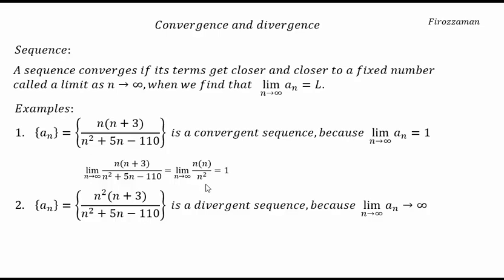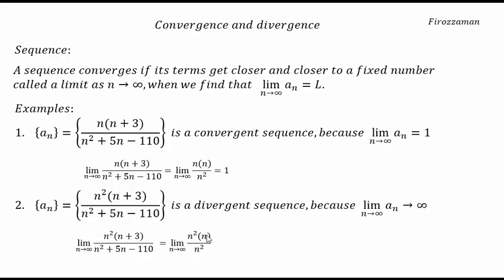Now let's look at a counterexample. This is a divergent sequence because its limit approaches infinity. How do we calculate that? Once again, we follow the same method as before. We write it as the limit as n approaches infinity of n squared times (n plus 3) divided by (n squared plus 5n minus 110). Just like before, we take the highest power term of each factor.